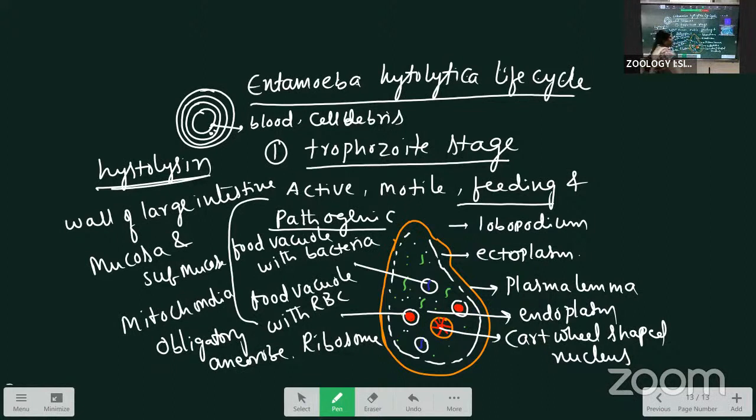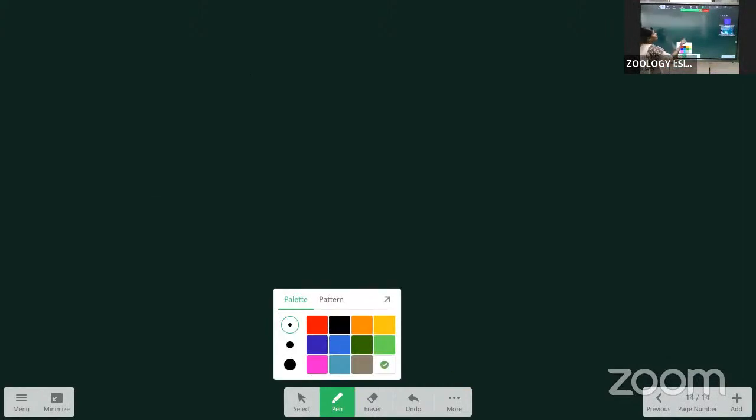Next, after this, the next stage is the pre-cystic stage. Before the cystic stage, this is called the pre-cystic stage. It may be spherical or oval in shape.